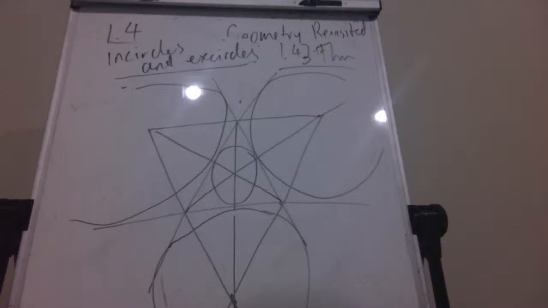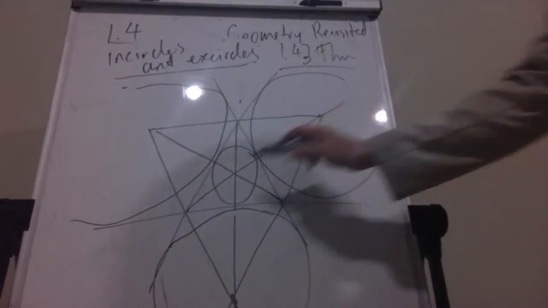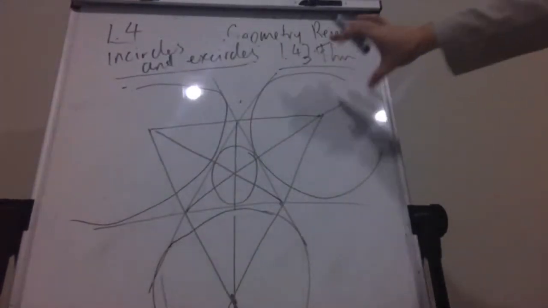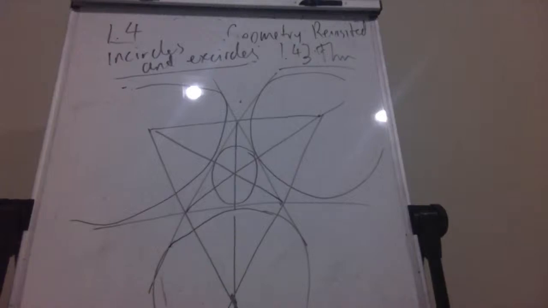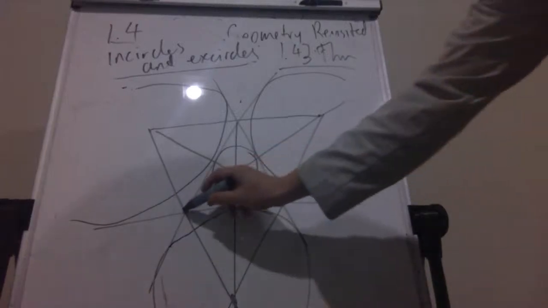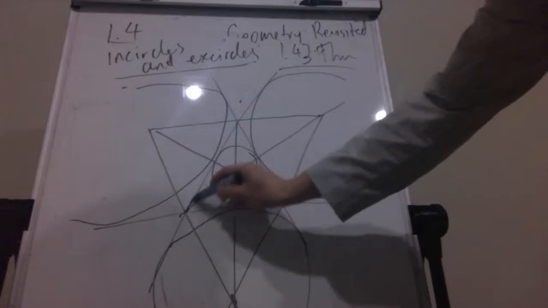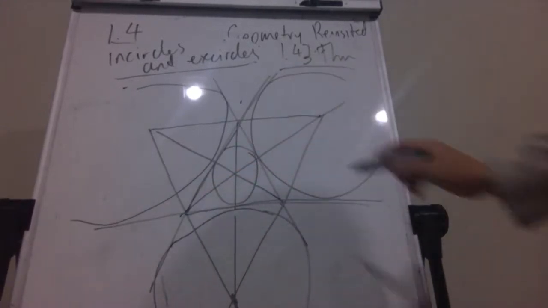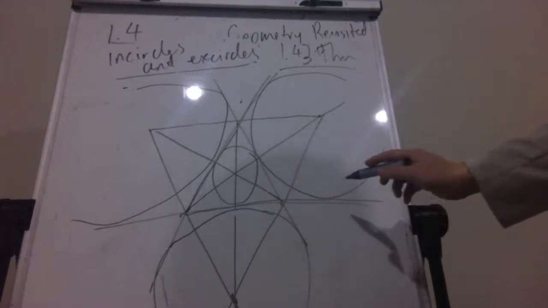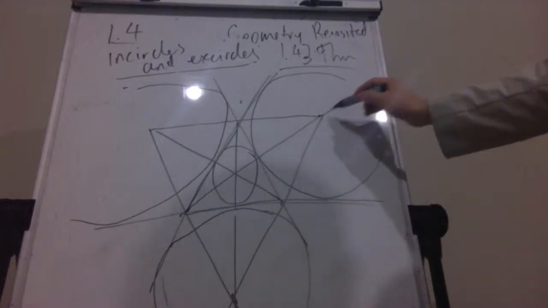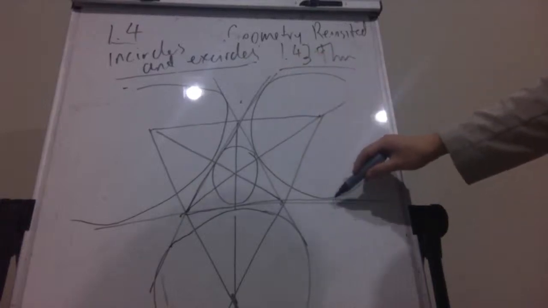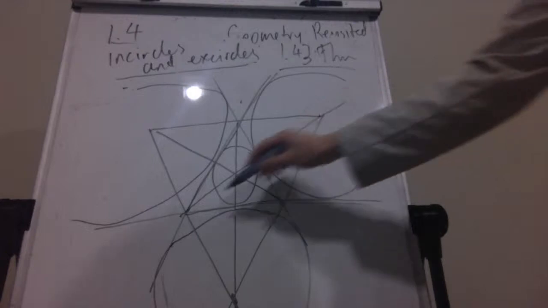So I guess one way to argue this is that the angle bisector is equidistant from the lines making the angle which it is bisecting. So this angle bisector is equidistant from these two lines. And so the center of the circle is going to be a point that's equidistant from those two lines, so it's going to be on that line.